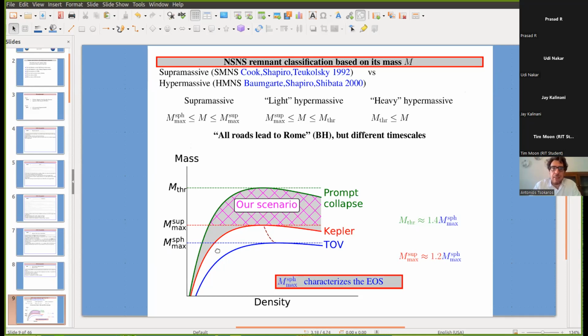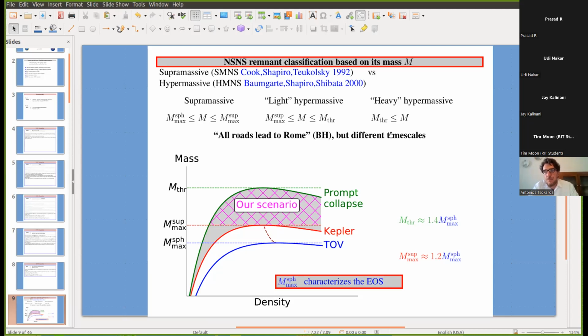If the remnant ends up here, when it loses all its rotation, it will hit the spherical limit and stay forever as a stable spherical neutron star. So that's a fourth possibility, which I didn't mention here because the possibility of that happening is very small. So I only mentioned the three more likely possibilities.